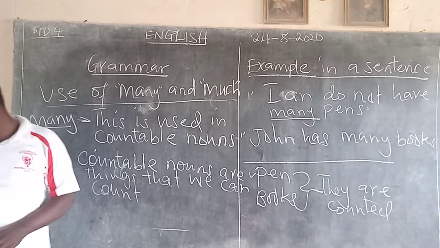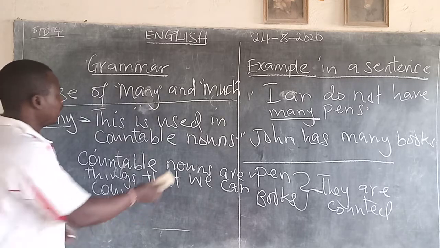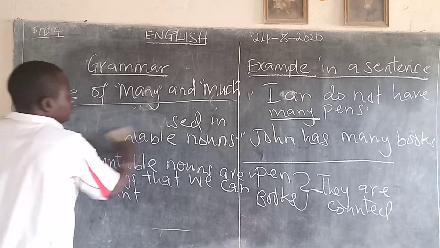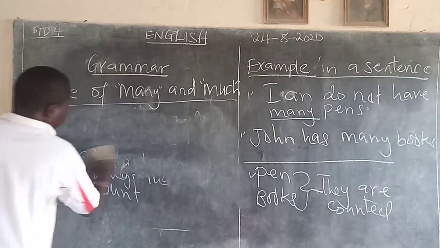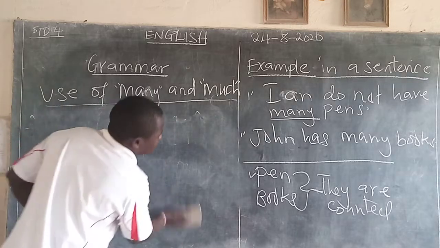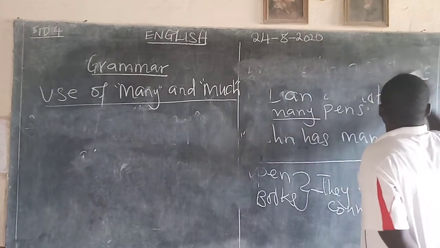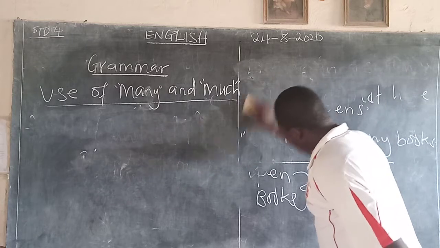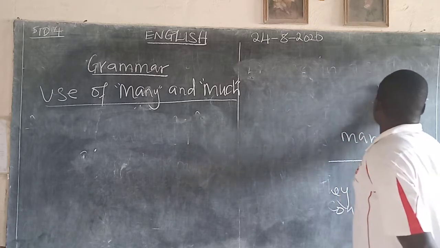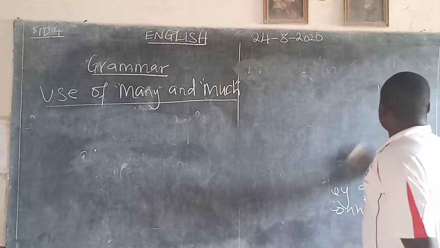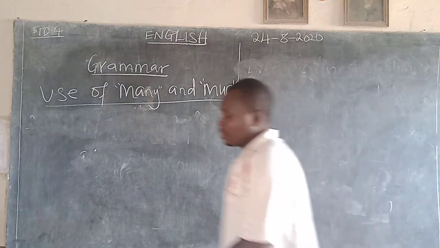Let us go to much. Under much are things that we cannot count. They are uncountable.